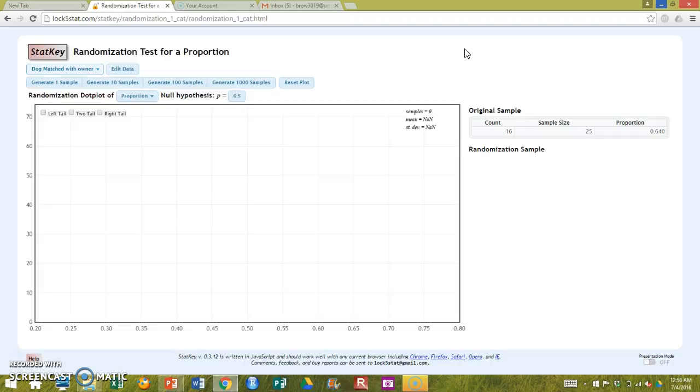But when we're done with the bootstrapping part, and this is what you don't see happen in StatKey, you just see the consequence, it shifts the result over so that it's centered on the null value, because that is the world we are existing in. Remember, our bootstrap distributions were centered on the sample result, the sample mean or the sample proportion.